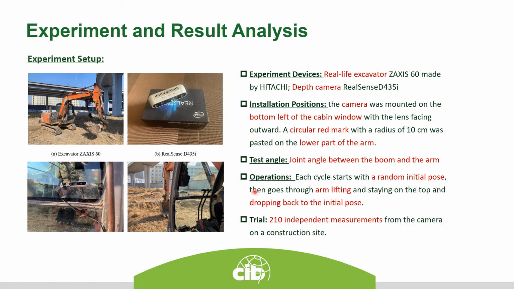And then for the experimental operations, we can see a work cycle starts with a random initial pose, then goes through lifting and dropping, and back to the initial pose. And in each row, we have 210 independent measurements to be evaluated on the construction site.